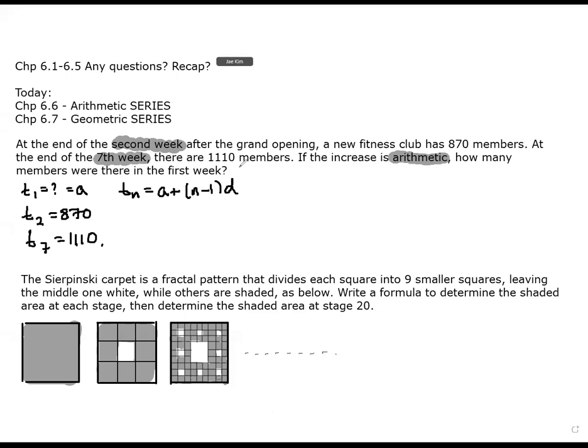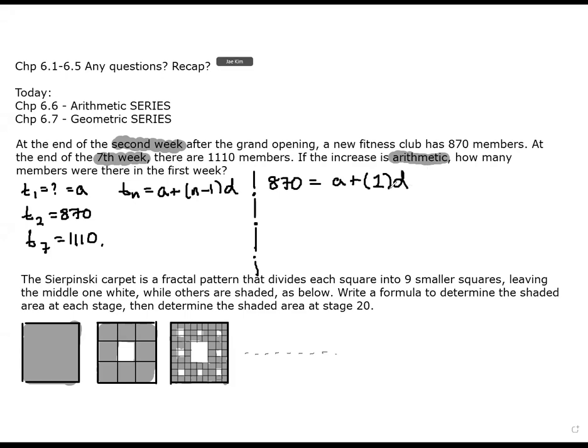I'm going to do both questions right off the bat. The first one is very similar to the elimination question that we've done. I guess we could use the logic way, but I'm just going to do the elimination way because it shows some structure without explaining. T2, which is 870, is also equal to A plus 2 minus 1 times D. I don't know what D is.